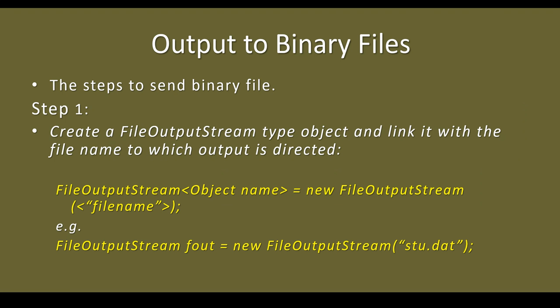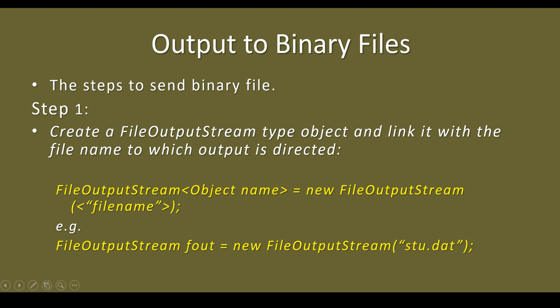You can see the syntax here: file output stream object name equal to new file output stream, and the file name should be given within double quotes. Now, an example is given here. I have given the object name as fout, which is an abbreviation for file output stream. So, fout equal to new file output stream, and within the parenthesis, within double quotes, you have to write the file name.